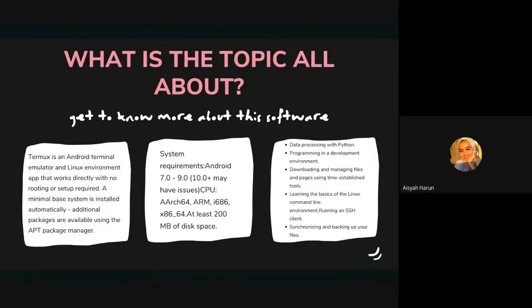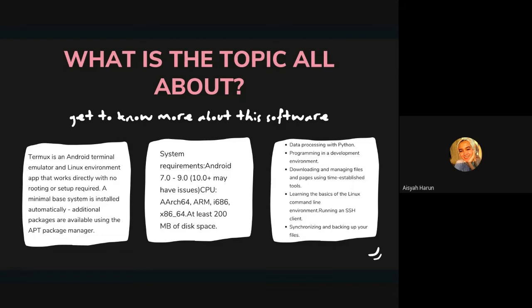So the system requirements for Termux are Android 7.0 until 9.0, because when you use 10.0, it may have issues. And there are requirements for the CPU, and at least 200 MB of disk space.